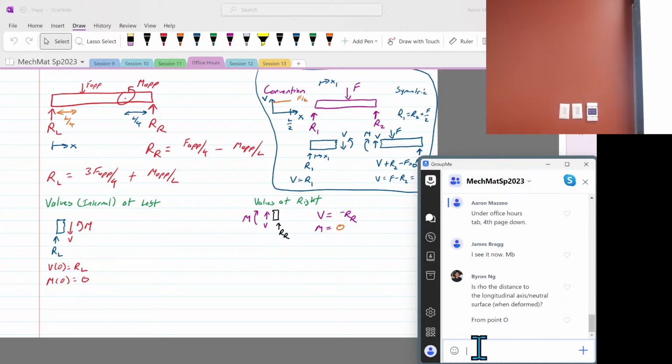That's fine. Okay, then what? That's right. Use that lower force of distance from.